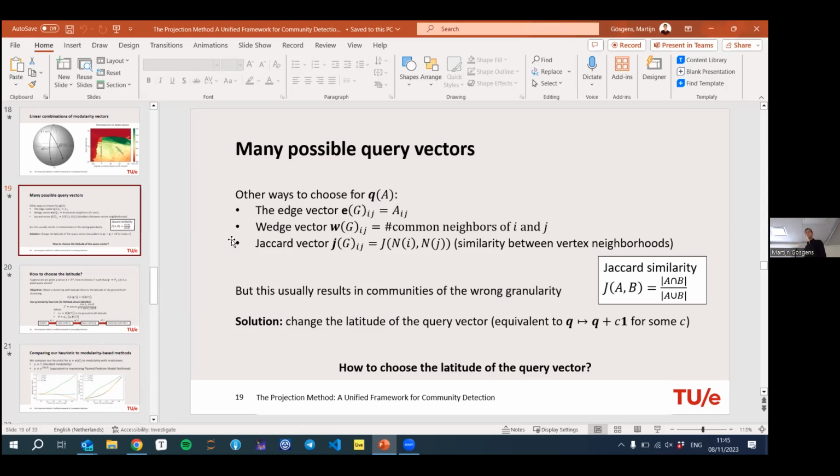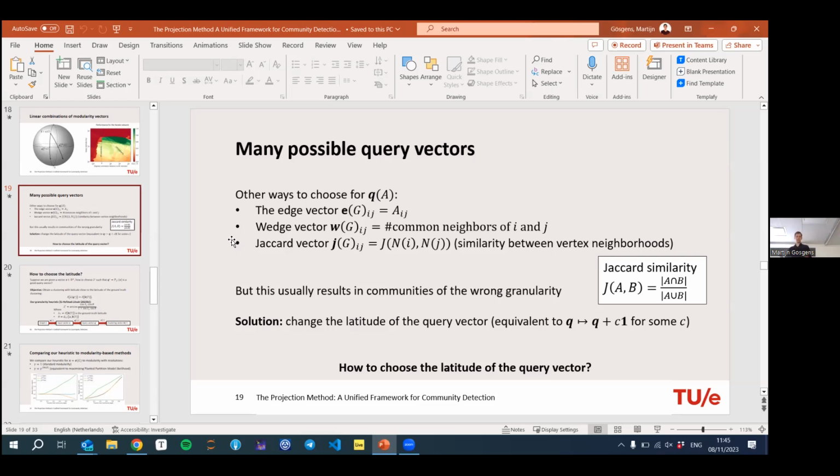That would be a power of the matrix. Yeah, the power of the matrix. So also this wedge vector over here is basically just a square, what we're looking at. So that is also a way in which you could get larger communities.